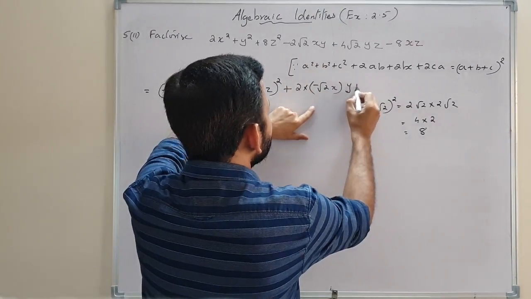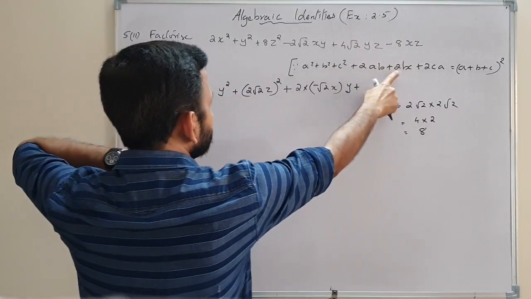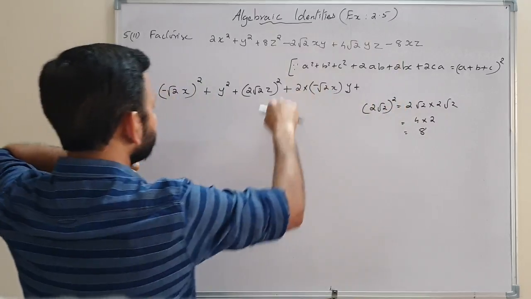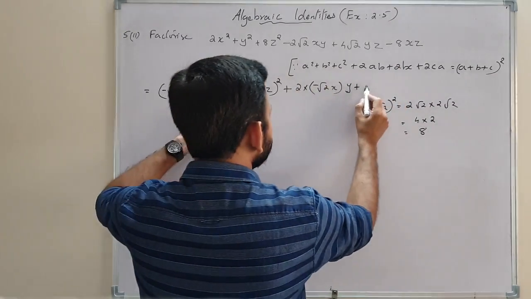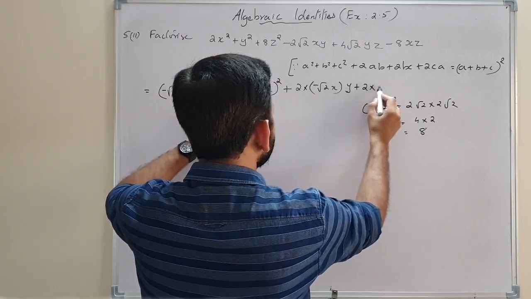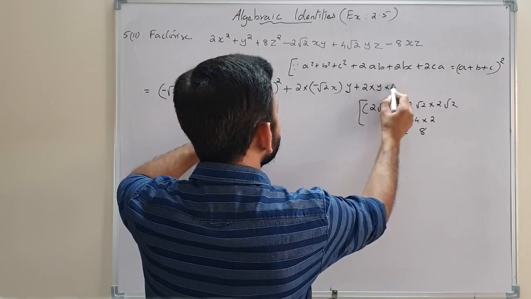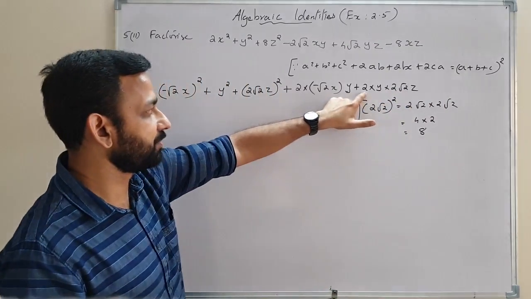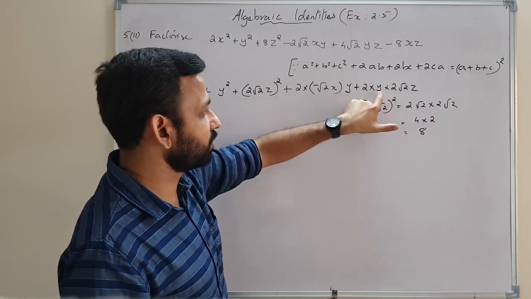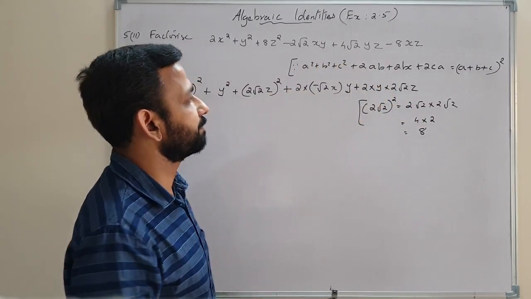Then plus 2bc, that is 2 into second term y into third term 2 root 2 z. Again we verify: 2 into 2 is 4 root 2 yz. Yes, 4 root 2 yz, same.